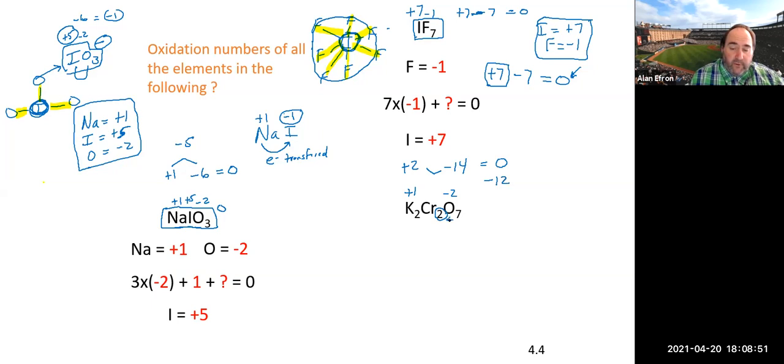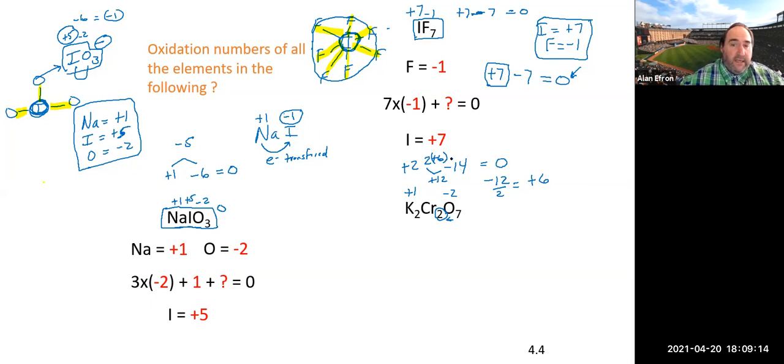Because there's 2 chromiums, you just divide it by 2. That means we end up with a -6, but to balance it out, it does need to be +6 in this case, right? So 2 times +6 gives us +12. Plus 2, plus 12 is +14.